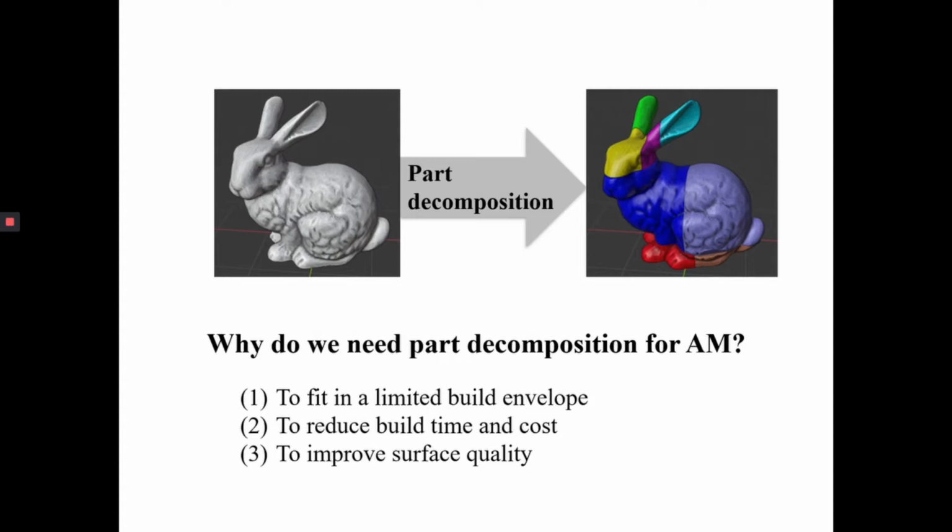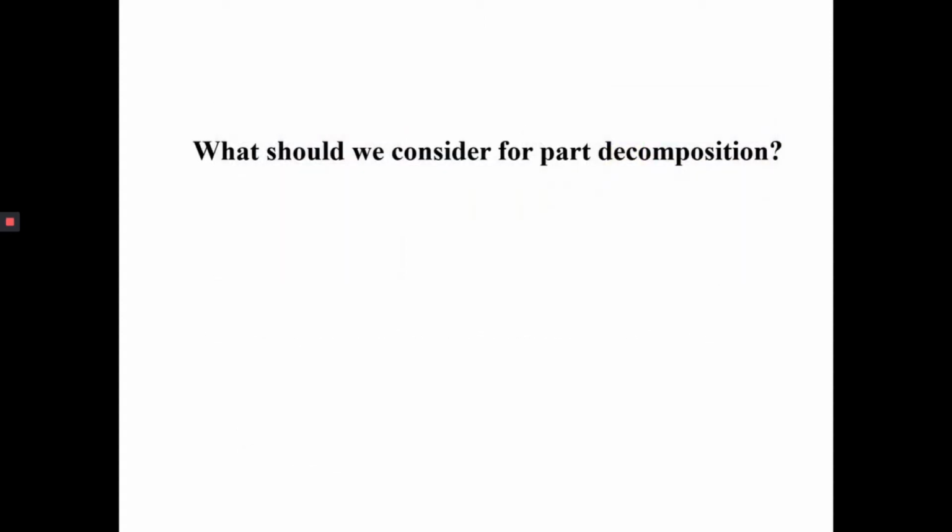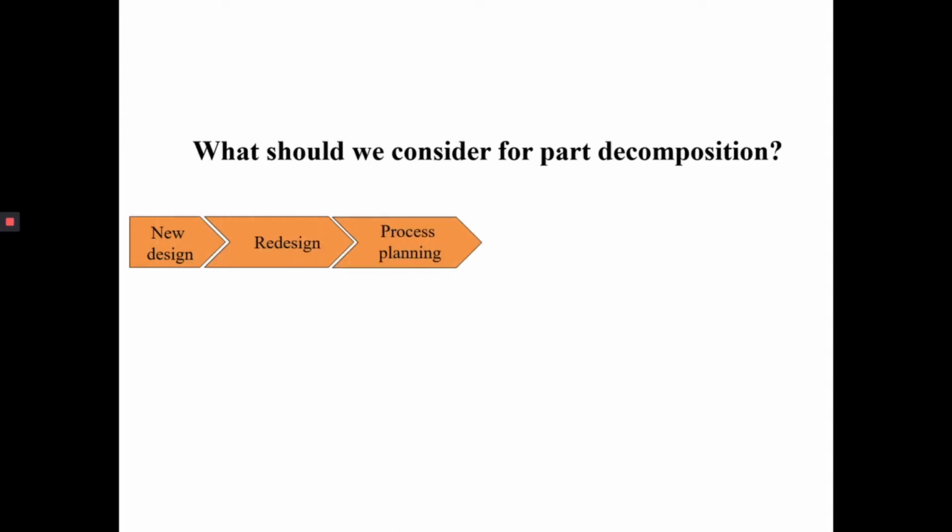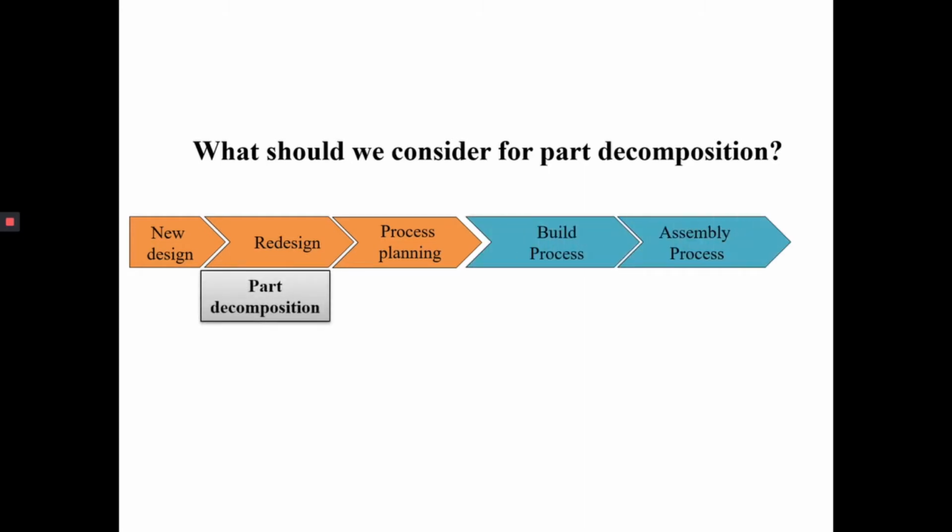Let's say now we do the part decomposition for AM. At this moment, what should we consider for the part decomposition? Basically, the decomposed parts are built by a 3D printer and then assembled back after the build process. Therefore, when addressing part decomposition, we should consider a variety of factors that affect build and assembly processes.